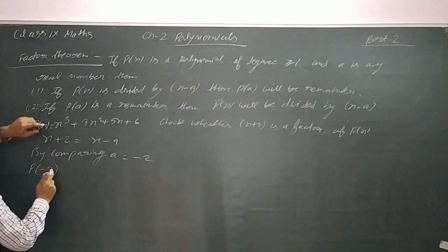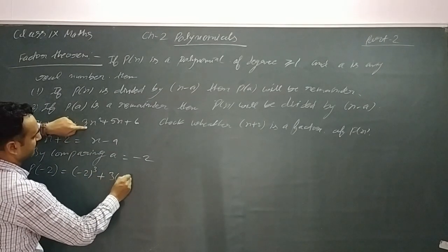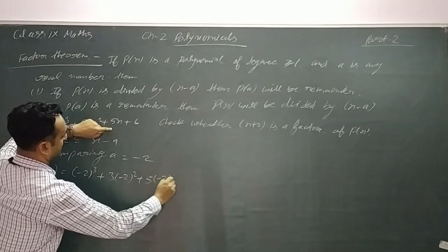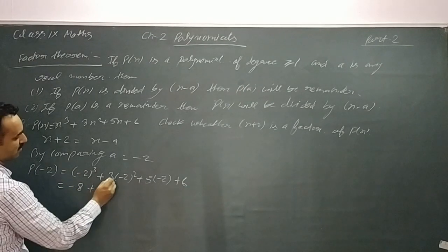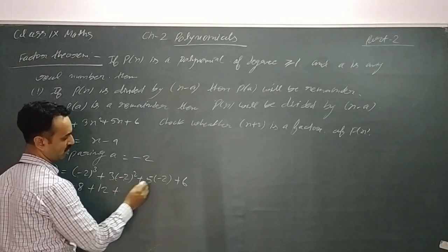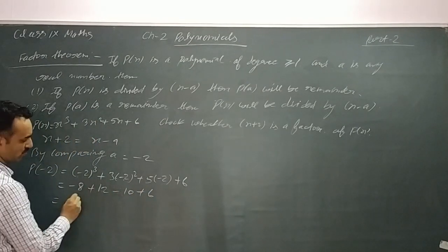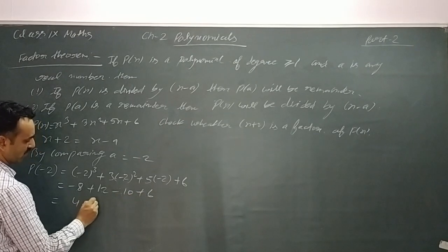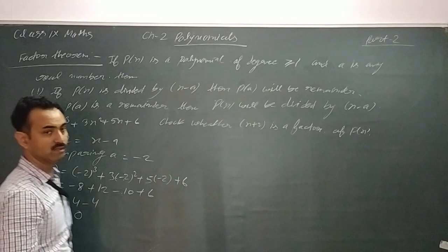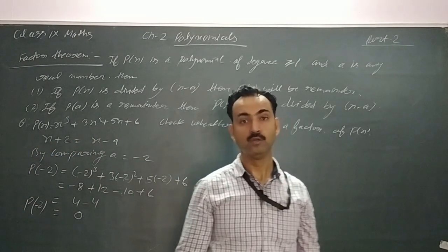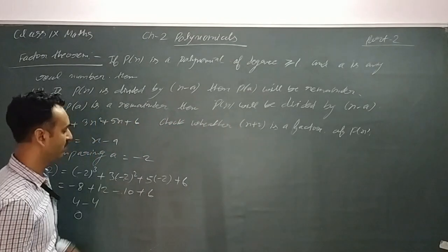We put x equals minus 2 in the given polynomial: minus 2 cube is minus 8, plus 3 times 4 is 12, plus 5 times minus 2 is minus 10, plus 6. Minus 8 plus 12 is 4, minus 10 plus 6 is minus 4, and 4 minus 4 is 0. So you see here we got 0.